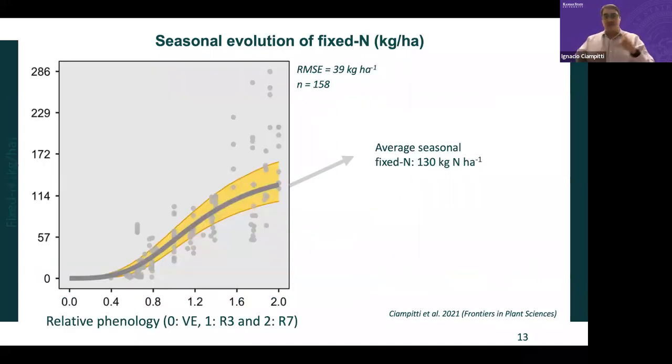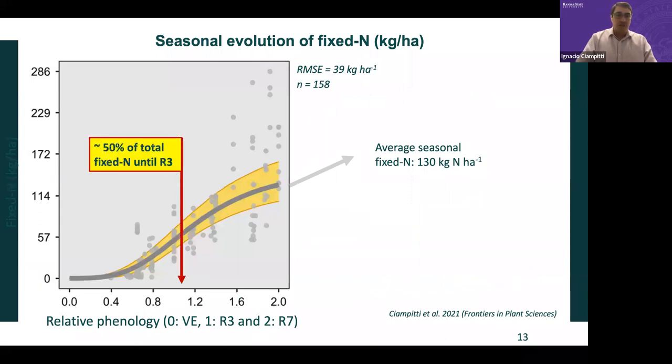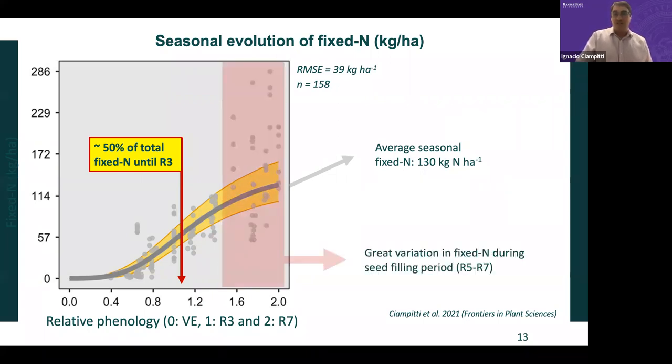And we have a study where we started looking at, okay, let's quantify how much nitrogen is coming from fixation. So this was one study that we published a couple of years ago, and in many situations we are reaching 50% of that total fixation around the moment that we start forming pods. And what is interesting is that we have a lot of variability in the seed filling.